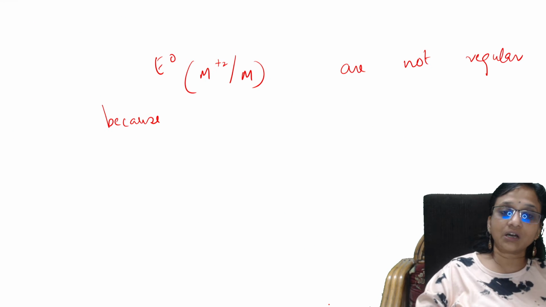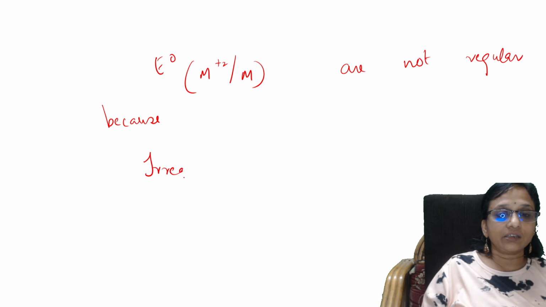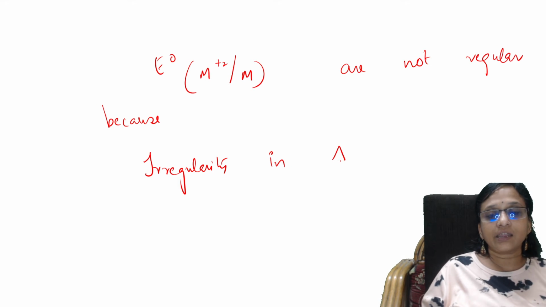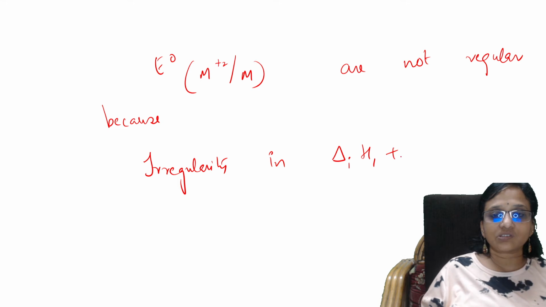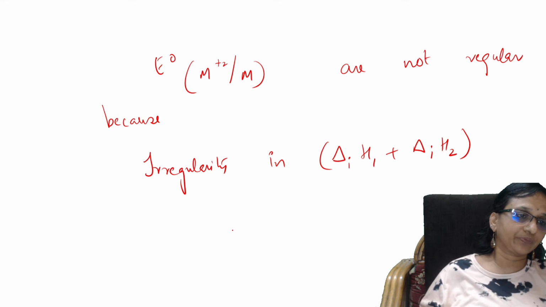So write down the answer like this: because of irregularity in ionization enthalpy H1 plus H2, there is a lot of variation in these two.